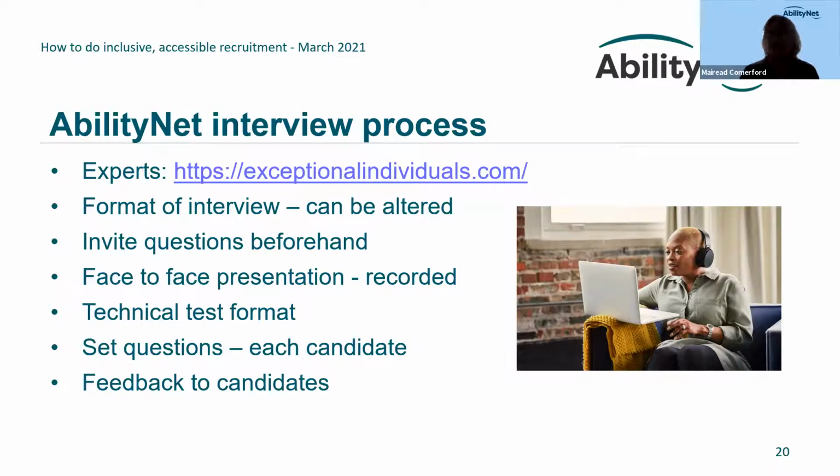So we asked whether they could do their own format, and we allowed that, as long as we could assess it. It didn't need to be in the format we were asking for. We also give questions beforehand, and we let people pre-record their presentations.